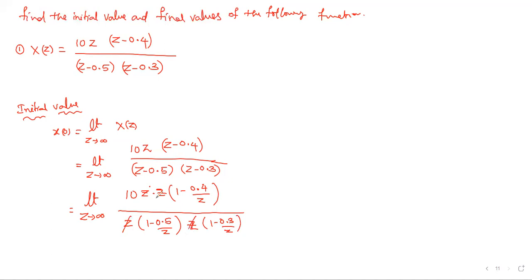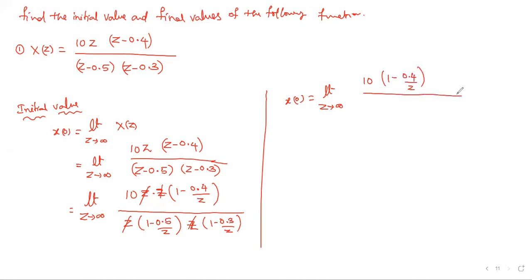Now z will cancel. What value will we get? X of 0 is equal to limit z tending to infinity 10 into 1 minus 0.4 by z, whole divided by 1 minus 0.5 by z into 1 minus 0.3 by z. Once you write this, you apply the limit.